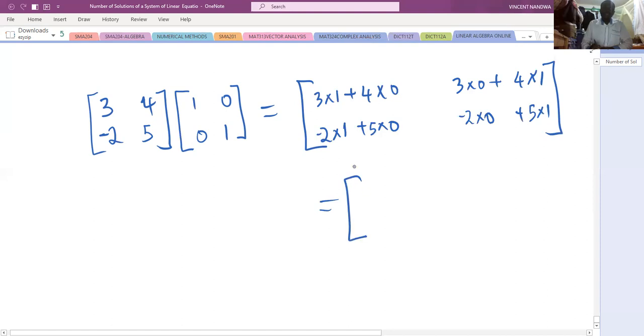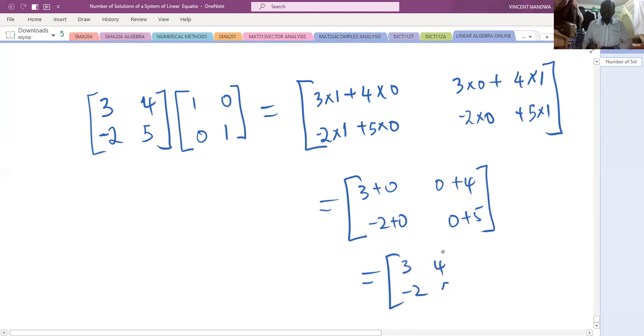So this gives me 3 plus 0, 0 plus 4, -2 plus 0, 0 plus 5, and I get 3, 4, -2, 5. Remember, this is what we call the identity matrix.